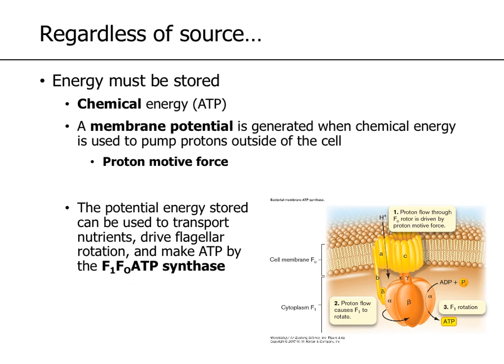So there is a pump that will literally take ATP molecules and use the energy from the ATP molecules to pump protons across the membrane. And that proton motive force can be used as a form of energy to do other things, right? So we'd already talked about the flagellum, right? So that's one source.